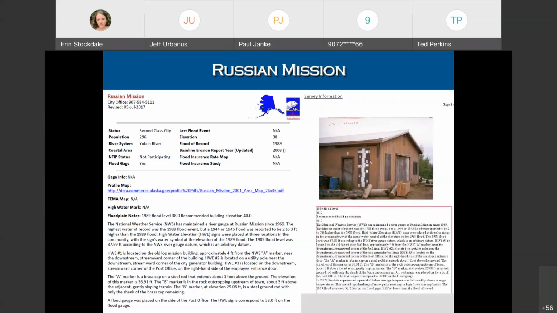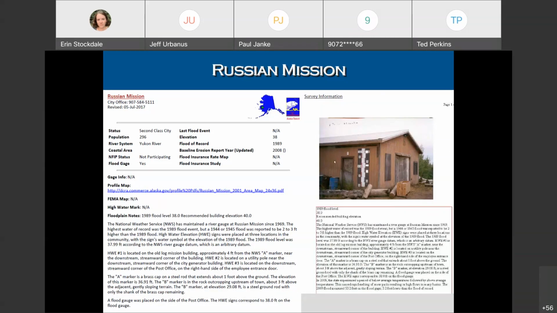And so what you see a lot of the time in these communities, in this Russian Mission here, it's a little hard to see, but the middle range is, I think, the flood of record. And then if you read up top, it has a higher one of, I think, 5 feet higher, that might be the standard project flood. I can't speak to how that was determined, but it's about 4 or 5 feet higher.